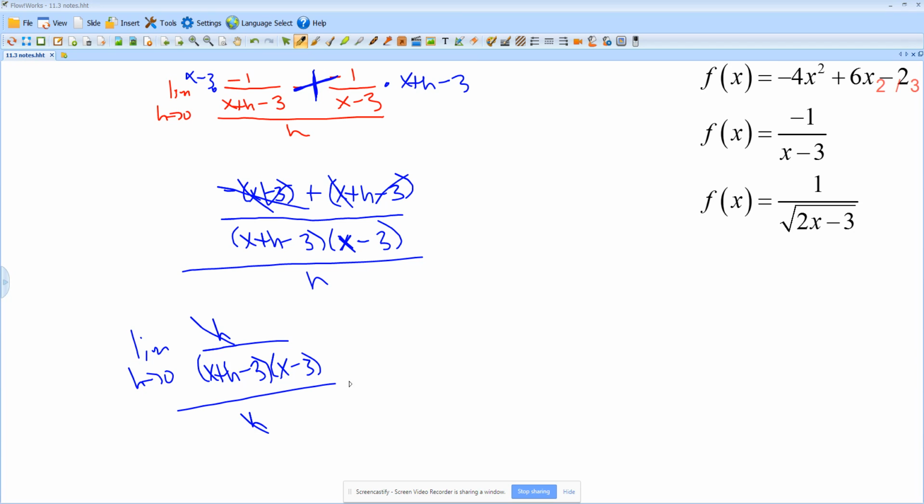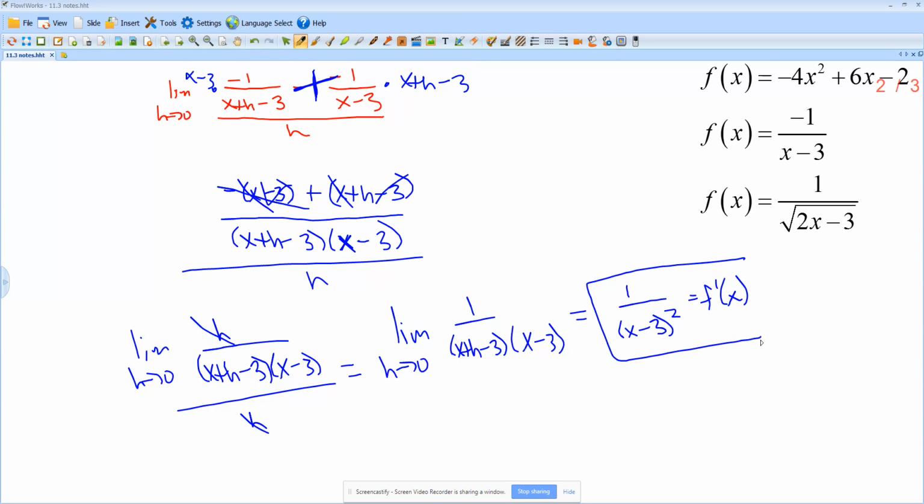Now those h's cancel. So this becomes the limit as h approaches 0 of 1 over (x plus h minus 3) times (x minus 3), which becomes 1 over (x minus 3) squared, which again is our derivative function. And when I evaluated this, I said, okay, h is 0, so I have x minus 3 times x minus 3, which gives me (x minus 3) squared.